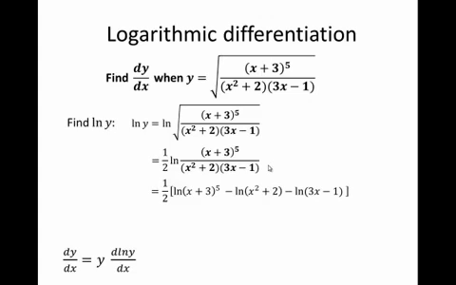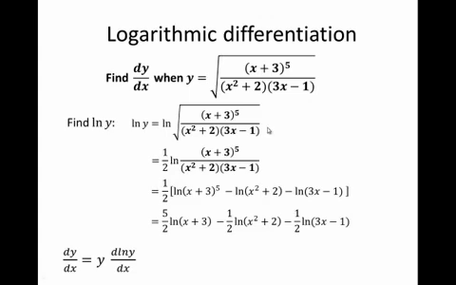And of course I can go one more step, and I can also simplify this first term, because we have x plus 3 raised to the power of 5, so I can take the 5 to the front and we get 5 over 2 ln (x plus 3), and I've just multiplied the half inside, and we now have minus a half ln of the second term and minus a half ln of the third. Now this is a much simpler representation than what we started with. Much simpler and much easier to differentiate.